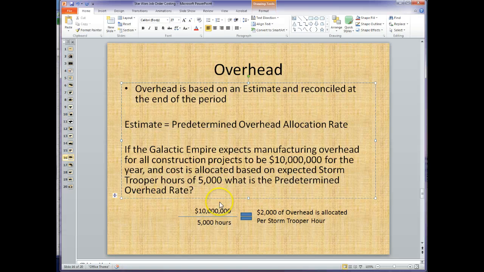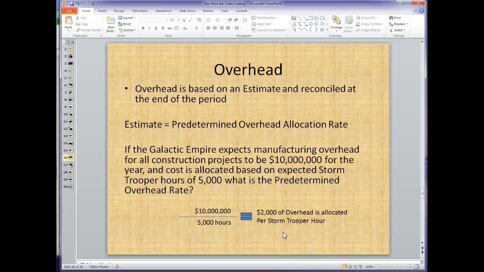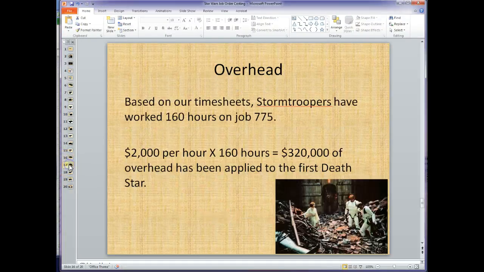So, all right, you take the $10 million total overhead here, divide it by the hours, and what we're saying is every hour that a stormtrooper works, about $2,000 of overhead is going to get allocated. All right, that's kind of reasonable. So then we look at our timesheets, and we had 2 timesheets.